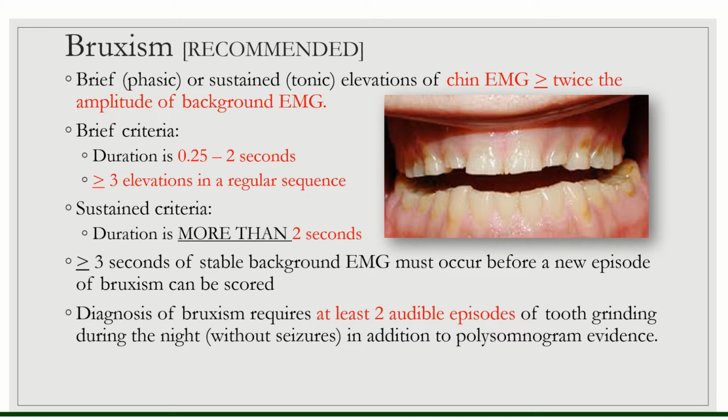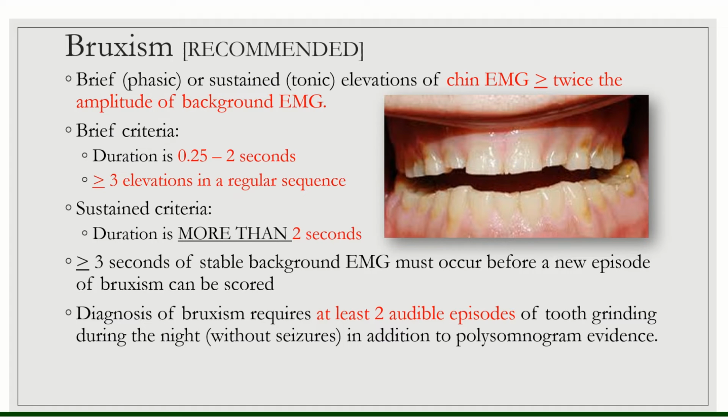All right, so if we're scoring brief bruxism, our duration is at least 0.25 to 2 seconds. So at least a quarter of a second to 2 seconds. Let me say it again. In order to score a brief bruxism, the duration needs to be at least a quarter of a second, which is 0.25 seconds, to 2 seconds. Also, we have to have at least 3 elevations in a regular sequence.